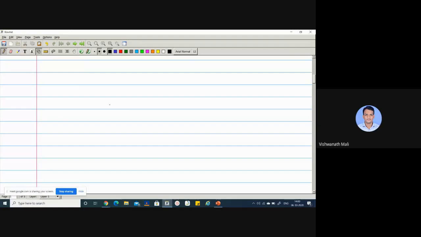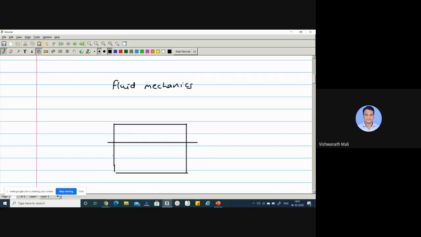Now, have you studied fluid mechanics? Somewhat. Okay, I will just give you the overview. Here is our mold, and here is our core.